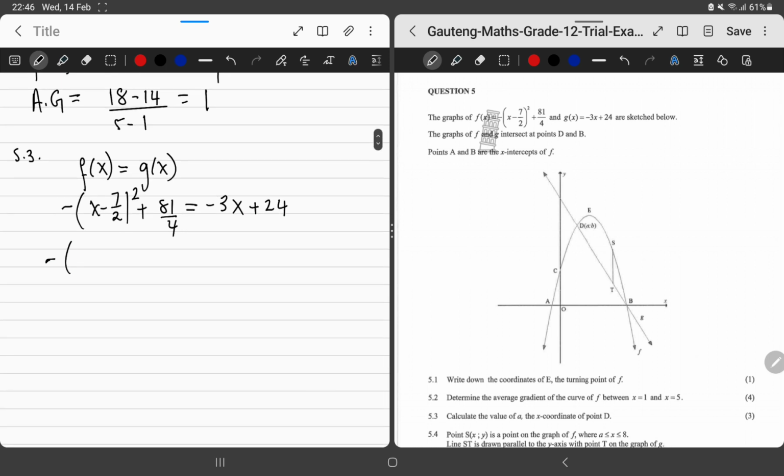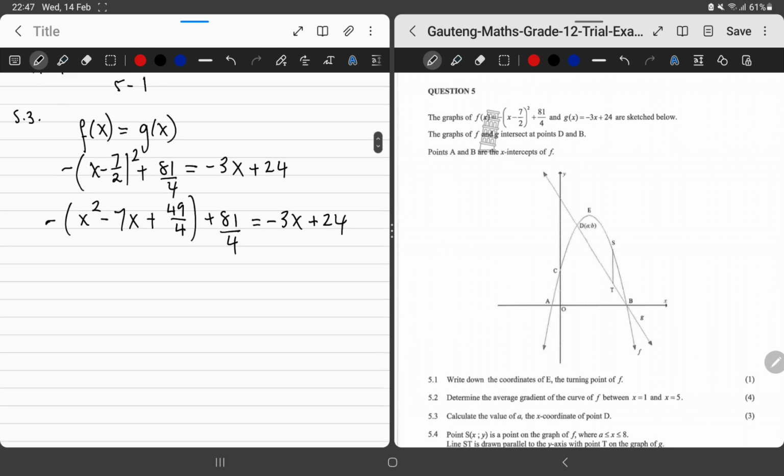This is negative into x squared minus, that is going to be 2 times 7/2, that is going to be a minus 7x, and that is going to be a plus 49/4. Plus 81/4, which is equal to minus 3x plus 24.